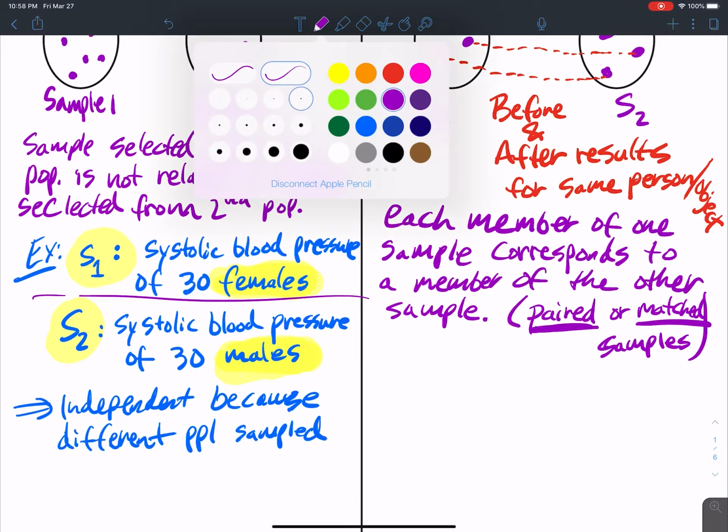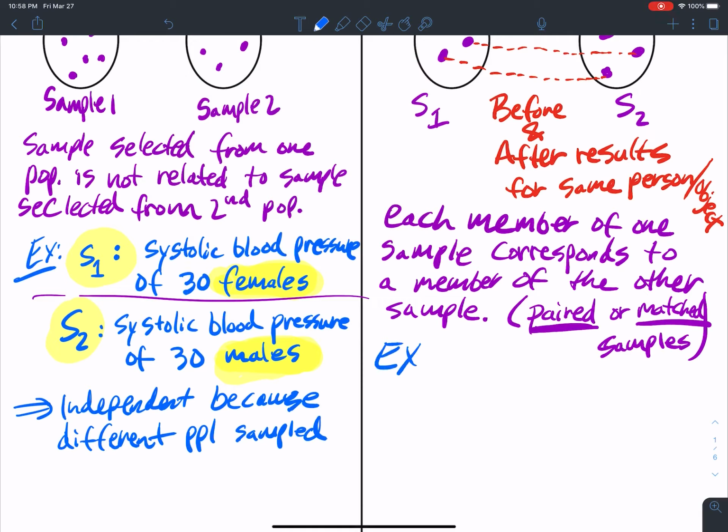So your example here, before and after data. Maybe it's a person's weight before they go on a diet. Maybe this diet is promising, if you do our special diet, in 3 days you'll lose 45 pounds, right?